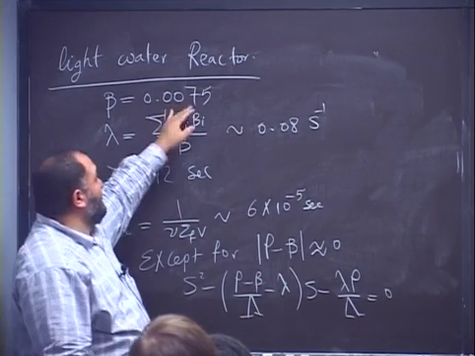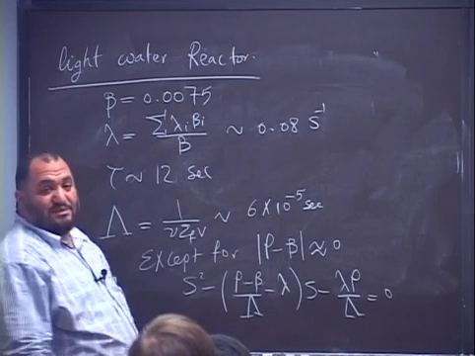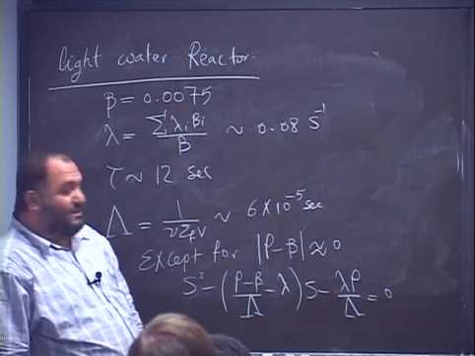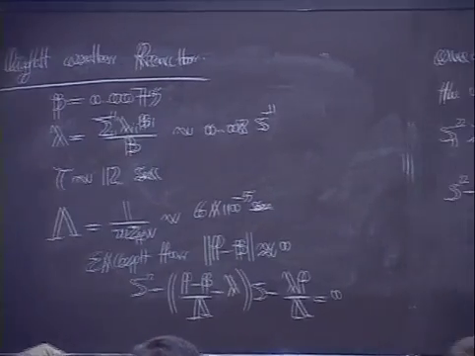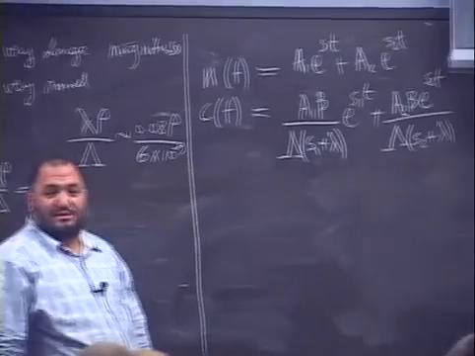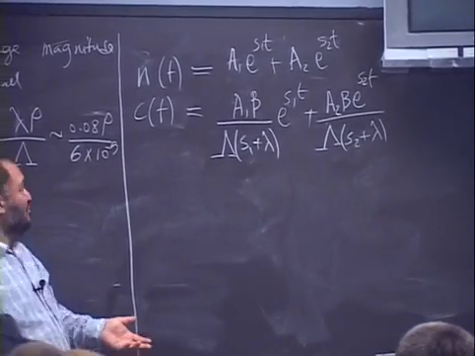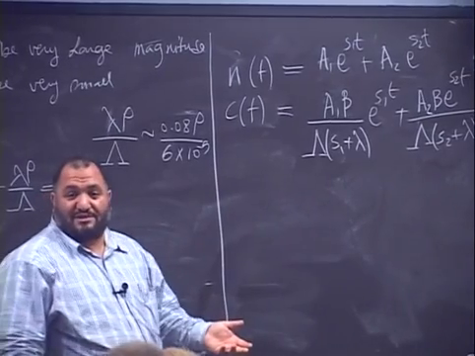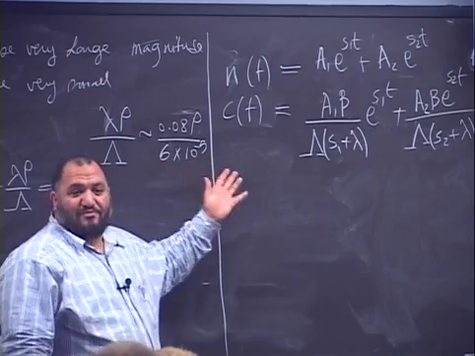So this will be nearly 2 or 3 times 10 to the power of minus 3. And here you have 8 × 10 to the power of minus 2. 10 to the power of minus 3 multiplied by 10 to the power of minus 2. This is 10 to the power of minus 5 divided by 10 to the power of minus 5.